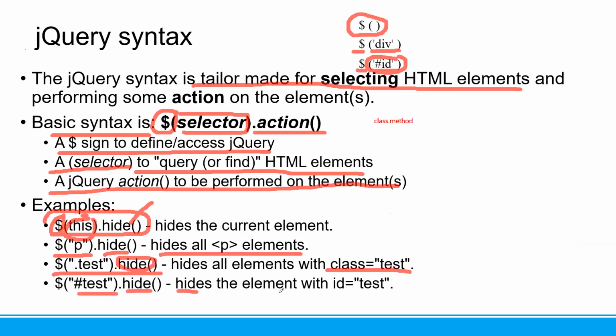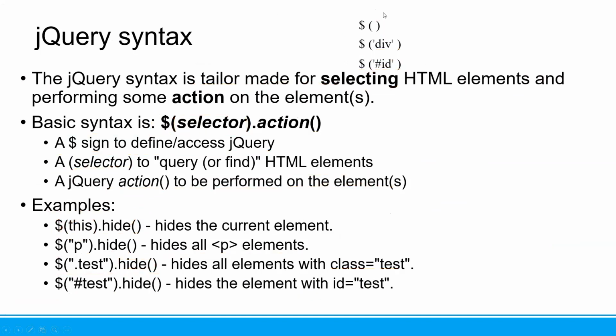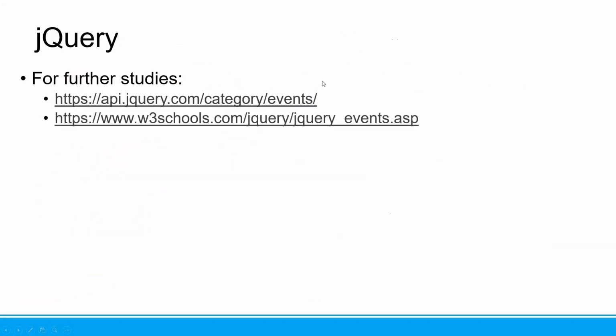This is the action. So it means I will hide all the elements with the ID test. So different kinds of access or selectors have different meanings. There are some references to handle jQuery. You can refer to this reference.